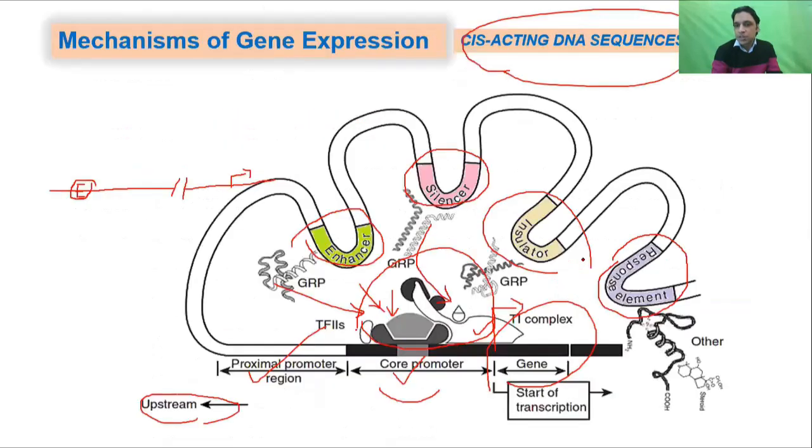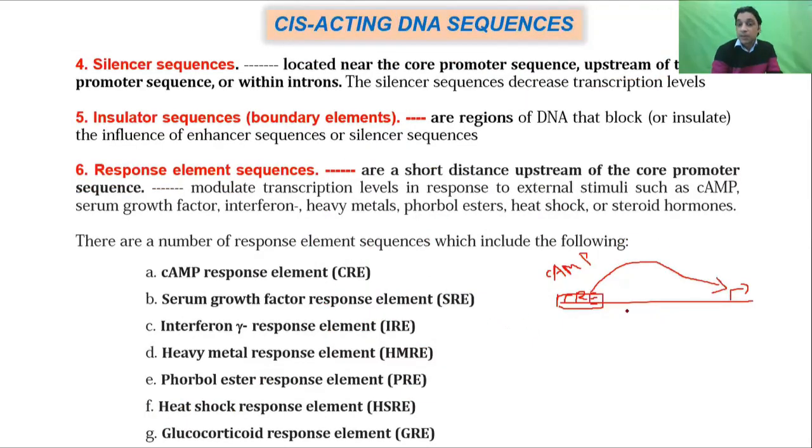How? Just see here. This is a response element. If cyclic AMP is present, it can bind here and push the expression of that gene. But that gene will only express once the cyclic AMP is there.